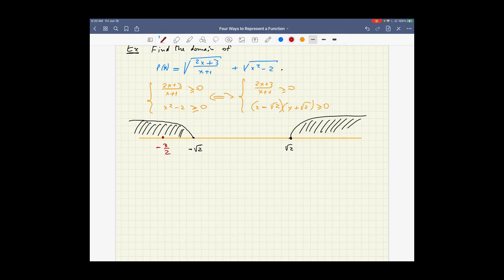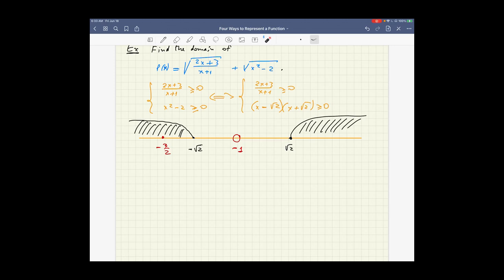And negative 1 is in between, and it must be excluded. Now, when is this fraction greater or equal than 0? This fraction is greater or equal than 0 either when both the numerator and denominator are positive, or both are negative.